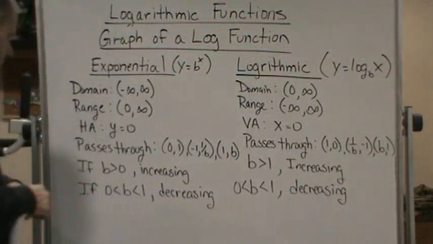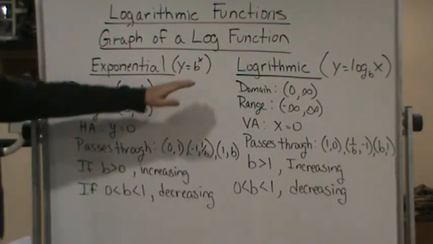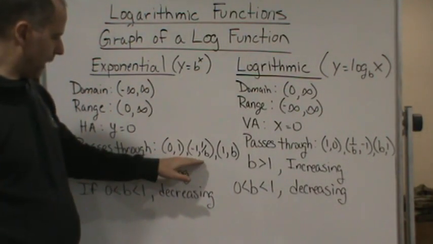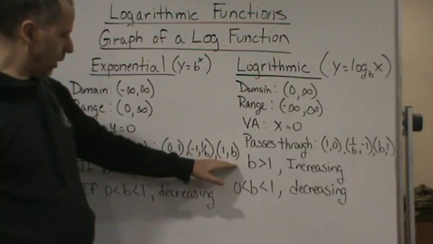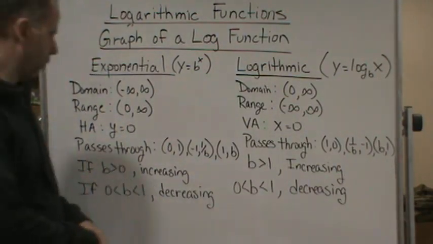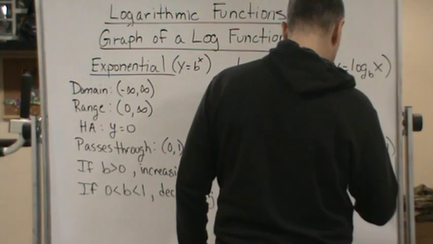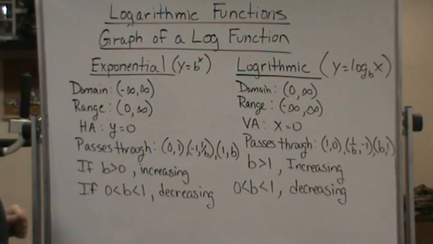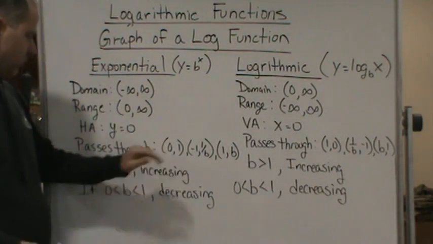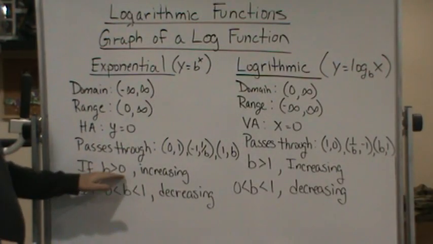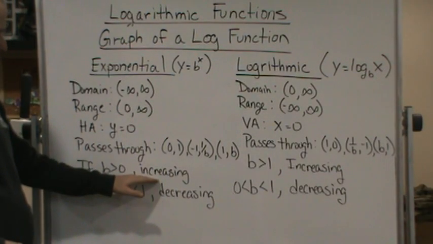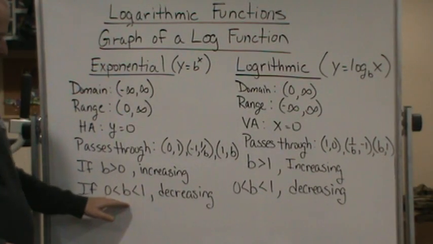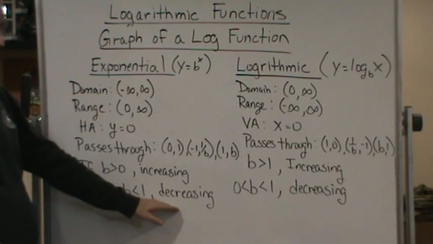So of this form, exponentials will pass through (0, 1), (-1, 1/b), and (1, b). Again, they'll pass through these 3 points, and if b is greater than 1, it's an increasing function. If b is between 0 and 1, then it's a decreasing exponential function.